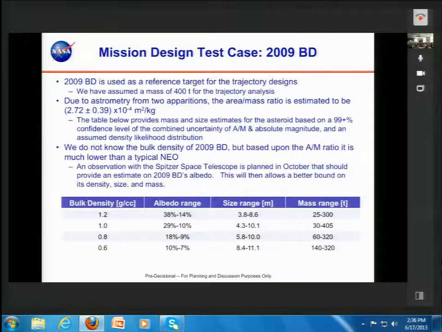But based on what we know right now, assuming a mass of 400 tons, this appears to be a conservative approach to look at what we can do with the flight system to retrieve this asteroid.